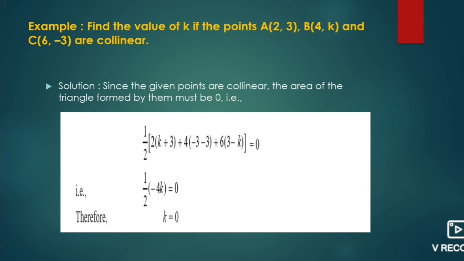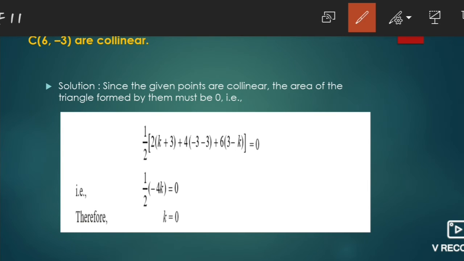You know that if 3 points A, B, C are collinear, then the area of triangle ABC will become 0. Since the given points are collinear, the area of the triangle formed by them will be 0. That means you will write area of triangle ABC is equal to 0.